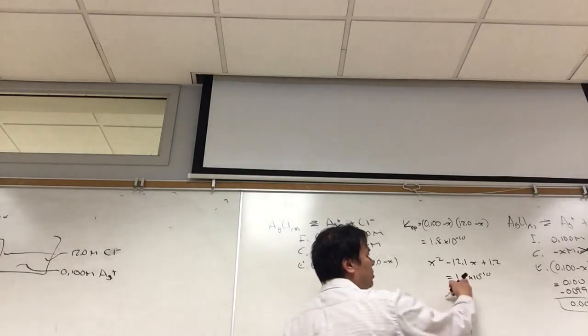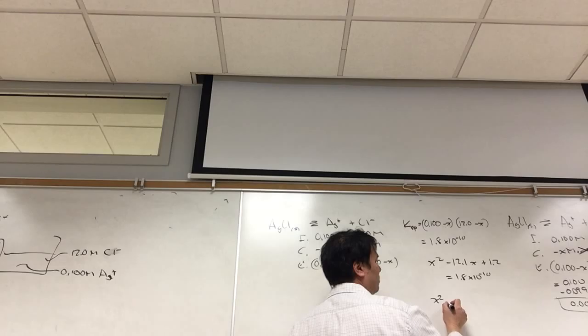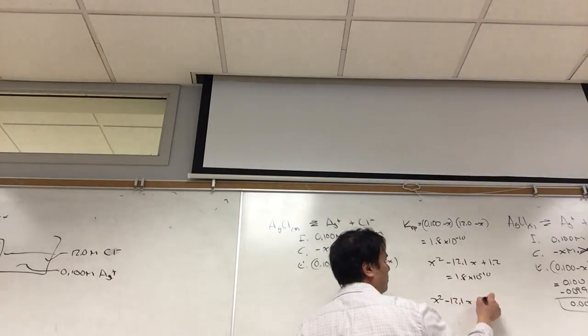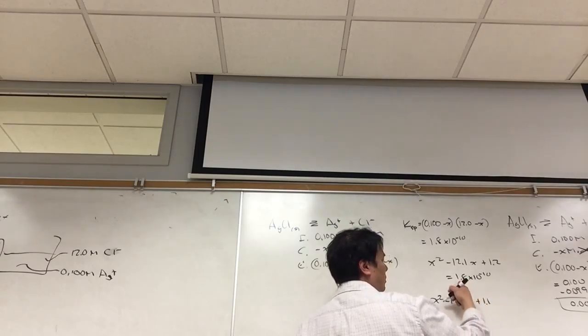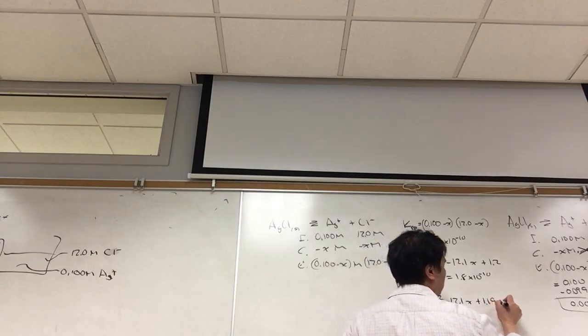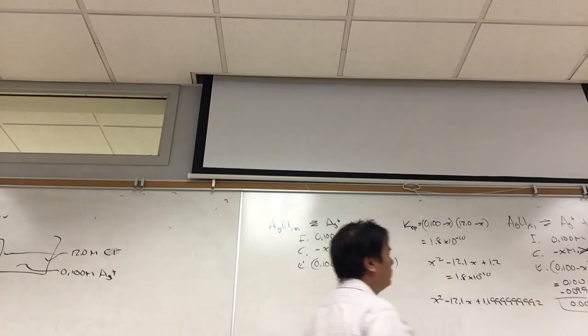And then subtract this from both sides. It's going to be 9 zeros. Is that right?